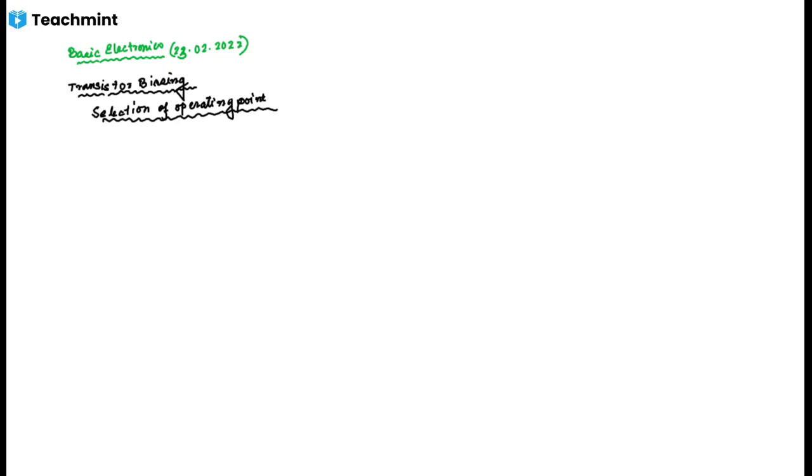So first let us take the common emitter configuration. I am again drawing the circuit of the common emitter configuration.